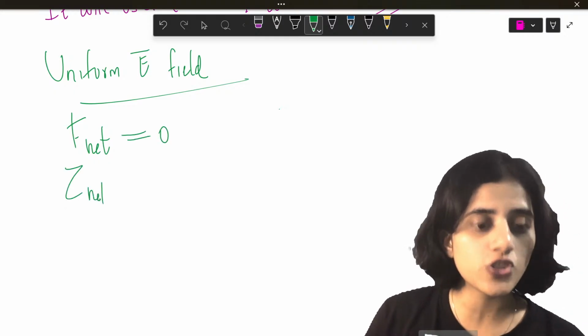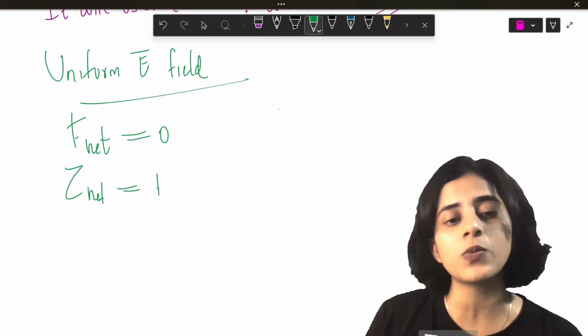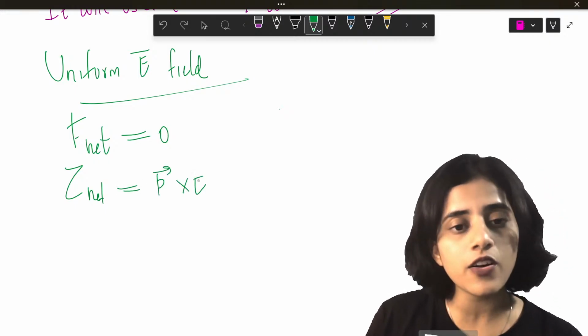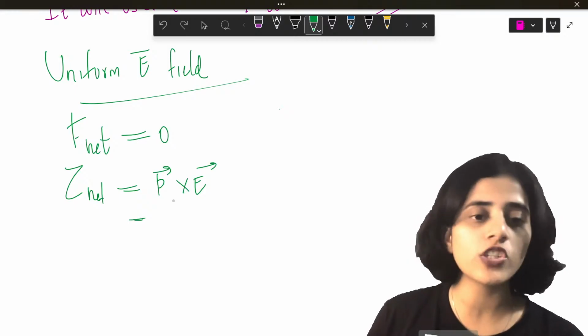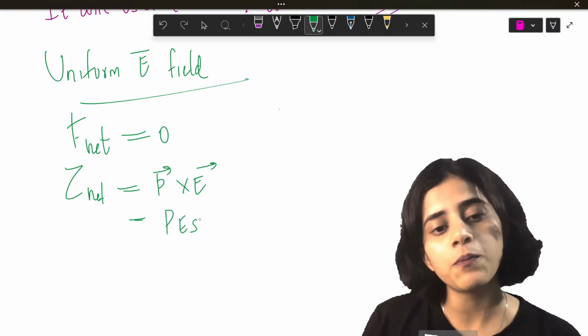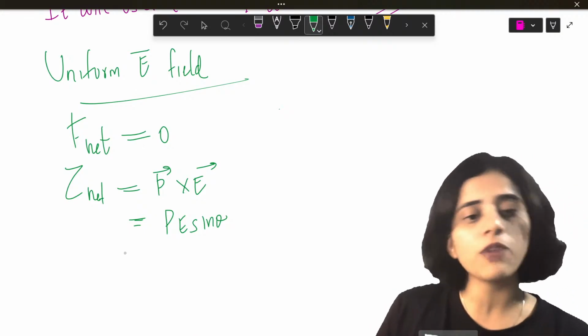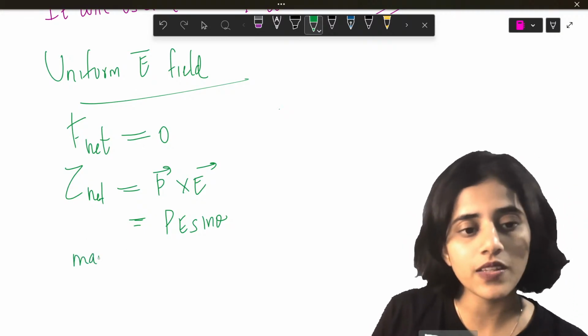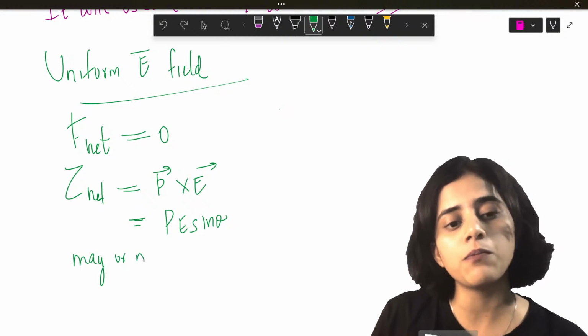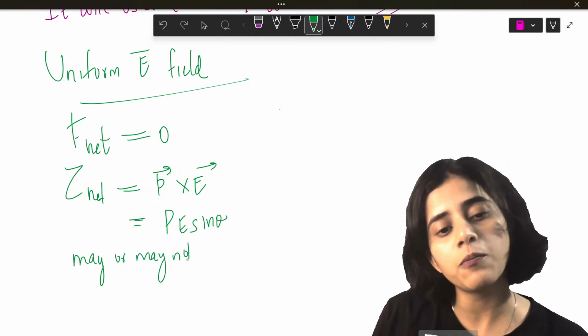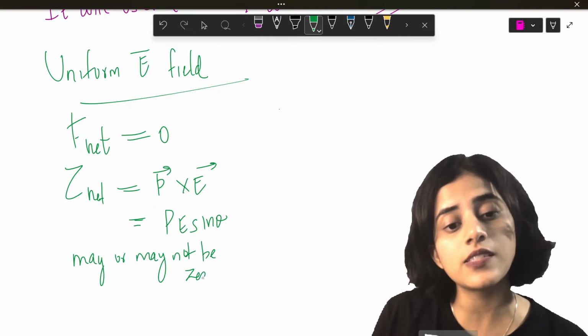What about the net torque? The net torque is going to be equal to P cross E, which is equal to PE sine theta, and it may or may not be zero, depending on the angle.